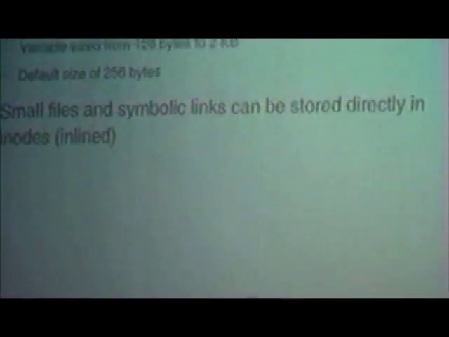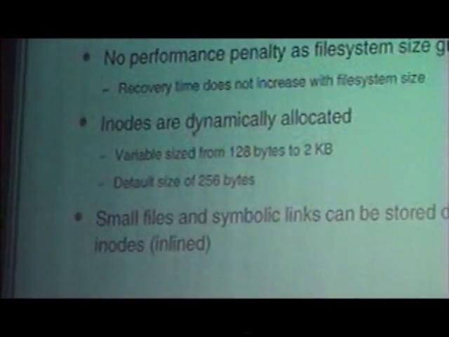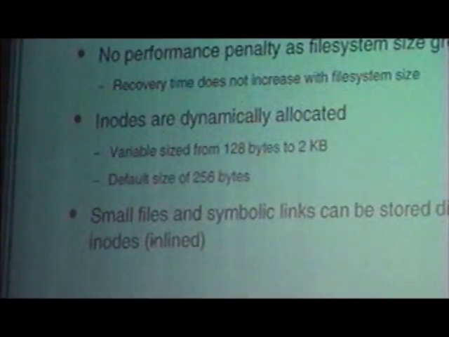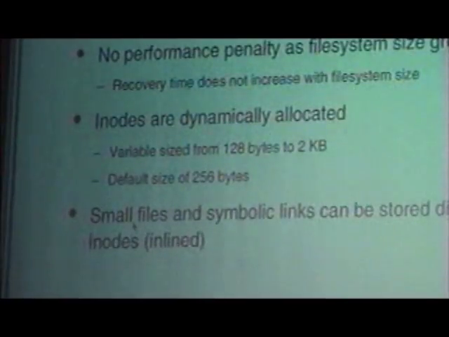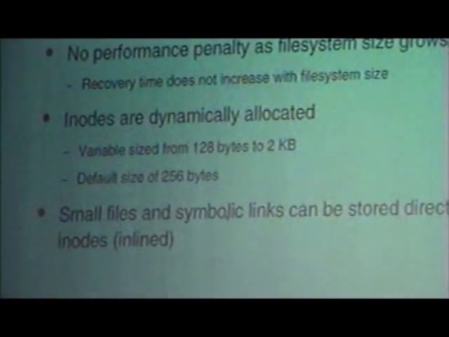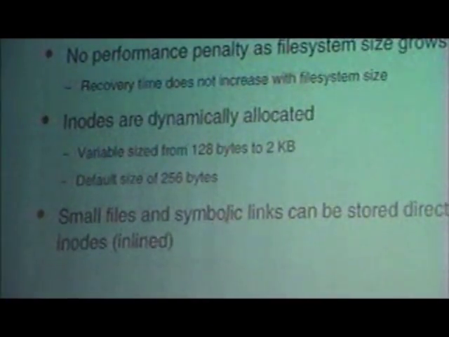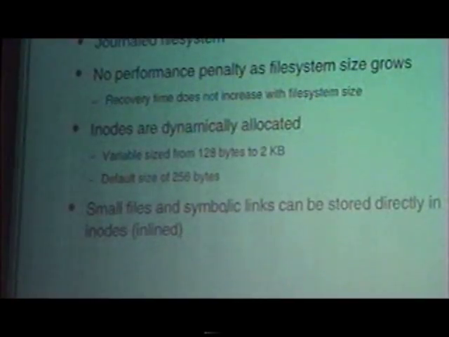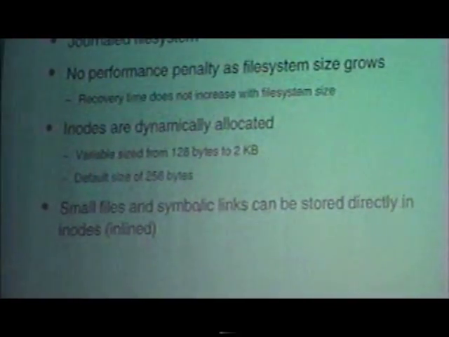So these inodes are dynamically allocated, and I was also talking about the directory information. This is what Janet was just talking about. Small files and symbolic links can be stored directly in the inode, and by increasing the inode allocation size we can get more information in the inode. Now I don't have to follow a linked list or something like that.